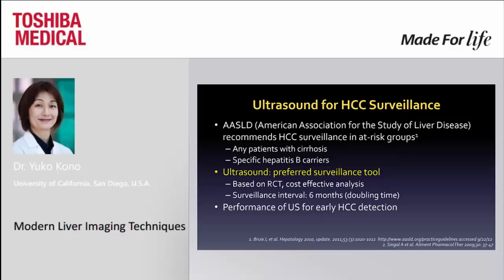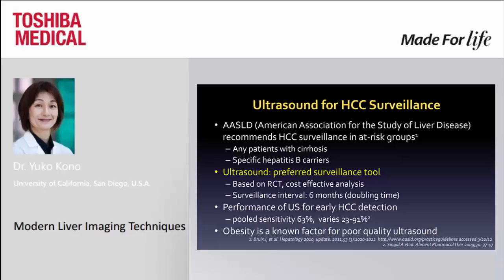Now, performance of ultrasound for early HCC detection is reported to be a sensitivity of 63% in the meta-analysis, but varies from 23 to 91%. So we know ultrasound can be operator-dependent, patient-dependent, machine-dependent, and we also know obesity is a known factor for poor quality ultrasound.